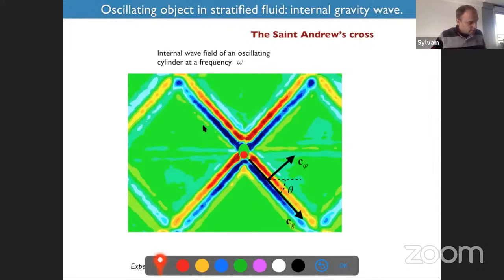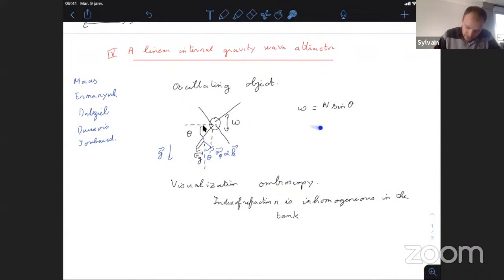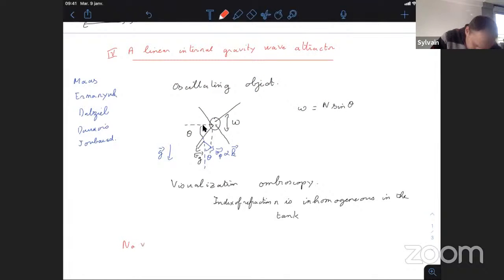The other part that is really important in this dispersion relation is that there is no wavelength in it, meaning that it's the boundary conditions which will impose lambda.